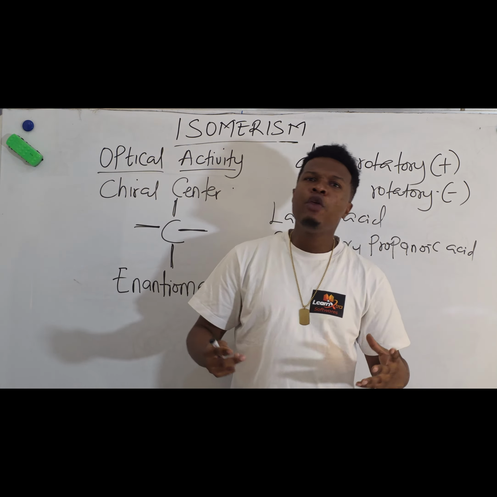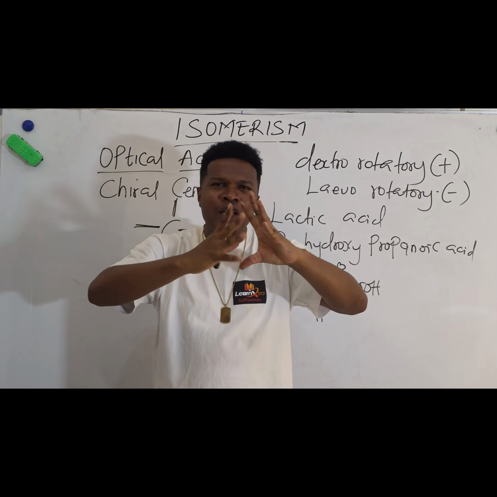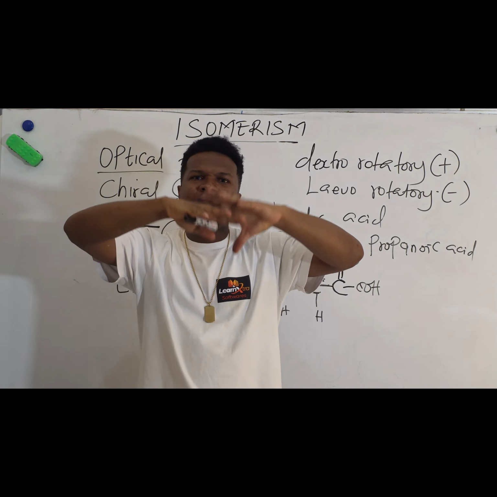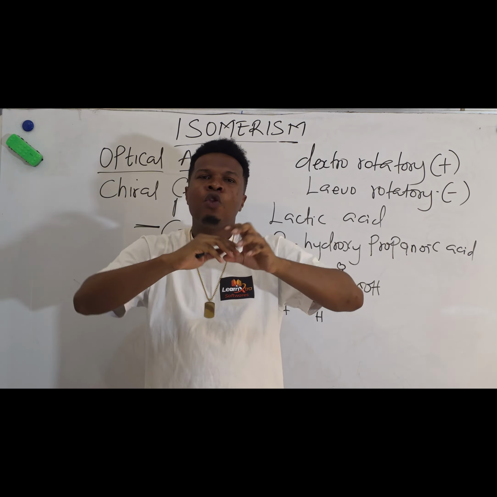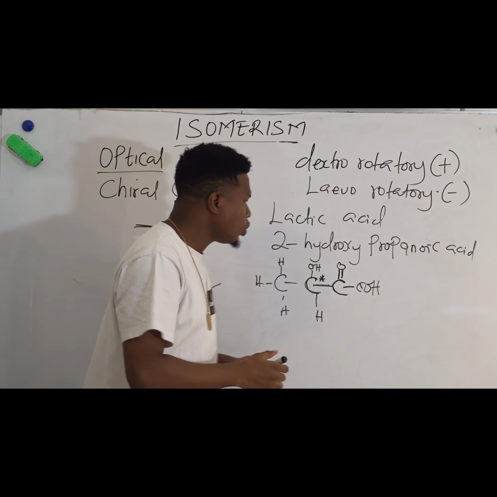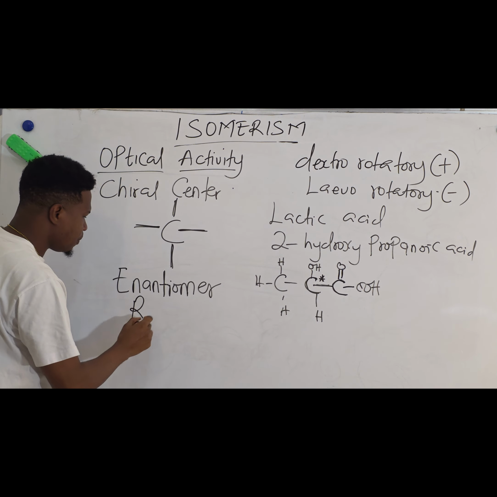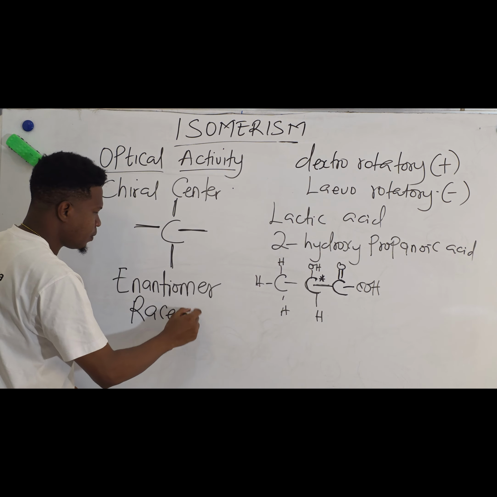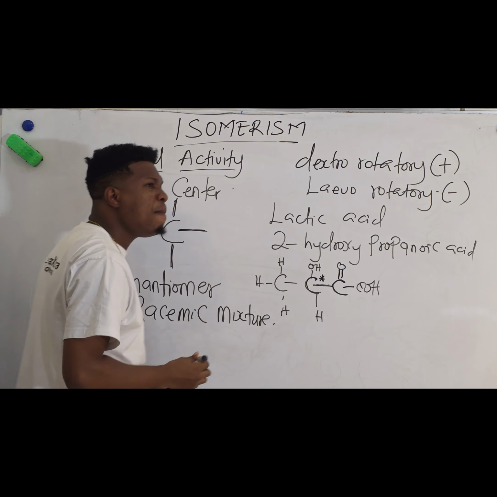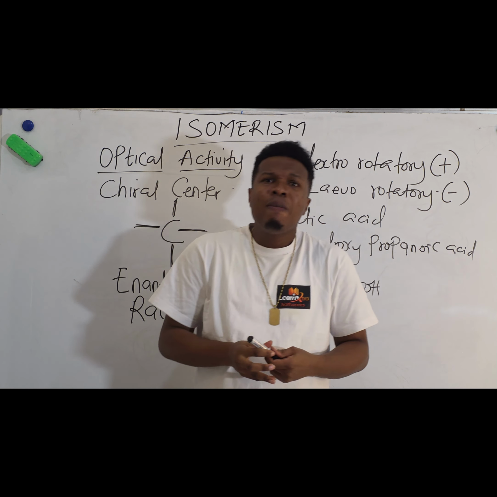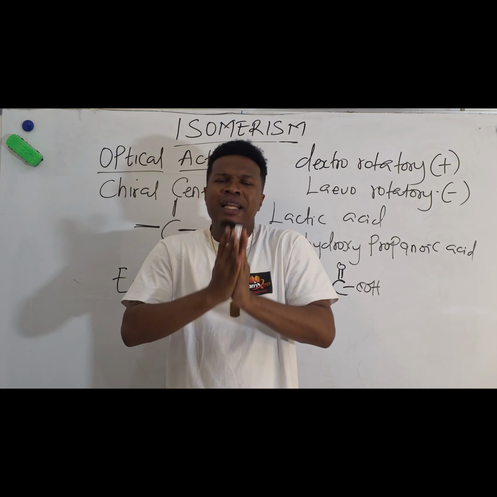And now, when you mix 2 enantiomers together, you will now form a mixture. If you successfully mix 2 enantiomers together, you will now form a mixture which we call a racemic mixture. So a racemic mixture is a mixture of 2 equimolar quantities of enantiomers.